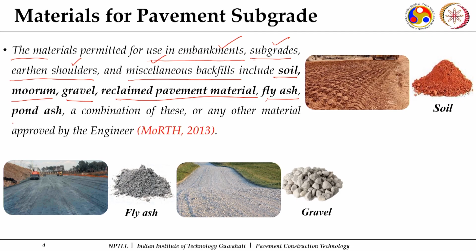Fly ash, industrial waste, pond ash, a combination of these can also be used. Reclaimed material, when you are trying to reuse it with some modification, or a combination of fly ash can be there along with your natural soil. So these are the materials which are recommended for use. And finally, this is very important, by default they cannot be used. This combination or the selection of material has to be approved by the engineer in charge.